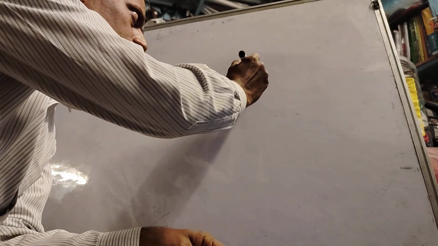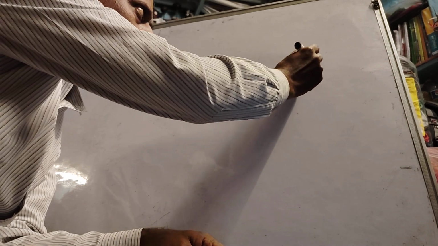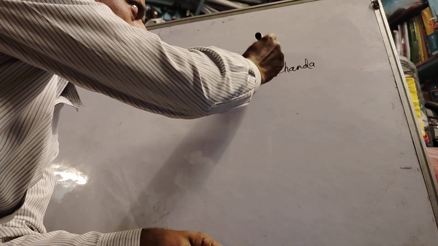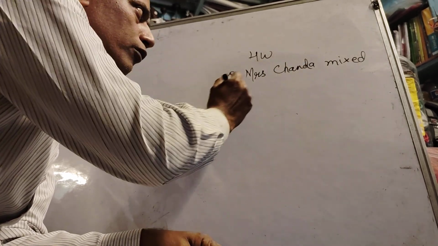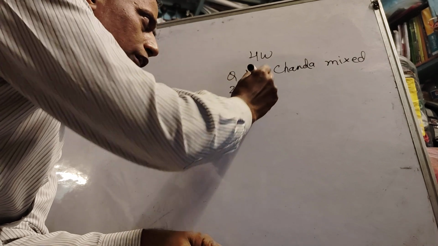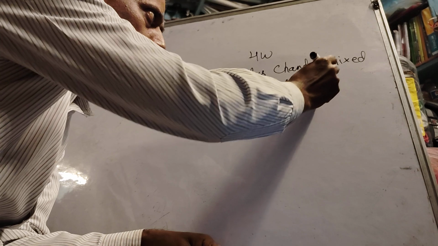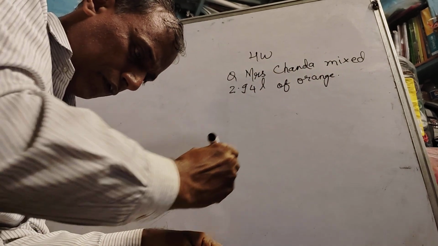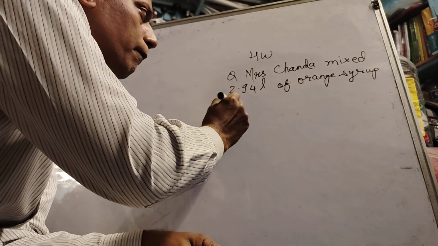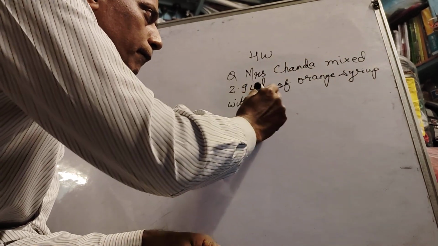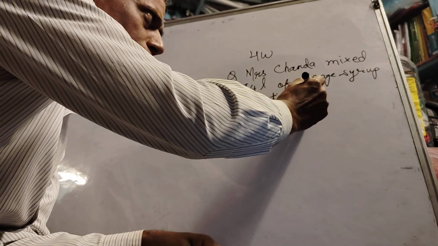Okay. Word problem. Mrs. Chanda mixed 2.94 liters of orange syrup with three times as much water.